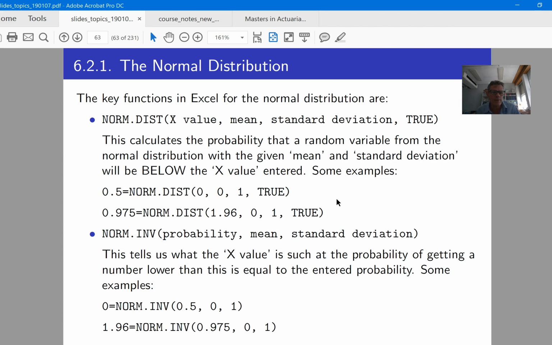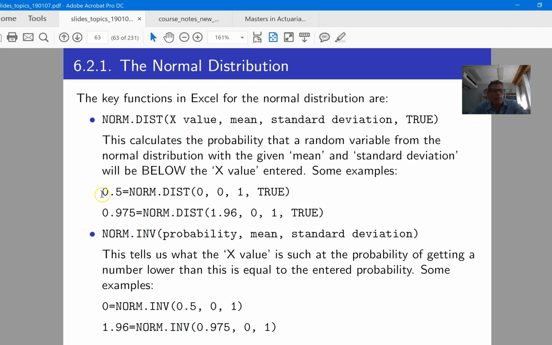So you've got literally millions and millions of data points, and you might plot those in some kind of histogram, smooth that histogram out, you'll end up with a normal distribution. And then you can calculate probabilities, such as, what's the probability of getting a normal distribution value bigger than 2 or less than -5 or whatever it might be.